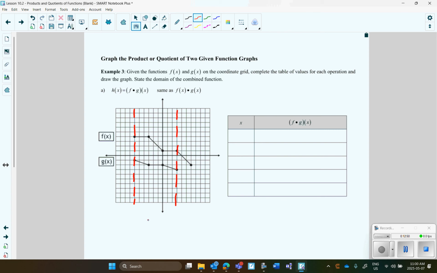Like you can't multiply this one by the y value of g of x because there is no y value of g of x. So what are our x values? Our x values are -6, -3, 0, and 3.